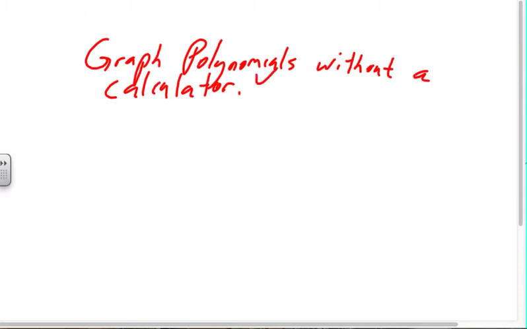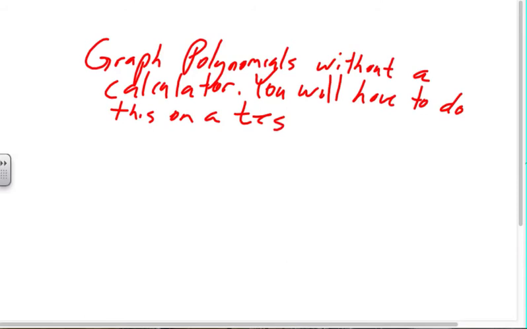You will have to do this on a test. So I suggest you start practicing it now, because I will have you do this on a test. You will be taking a test, and you will not be allowed to have a cheat sheet, and you will not be allowed to have a calculator. I'm going to make you graph a polynomial.